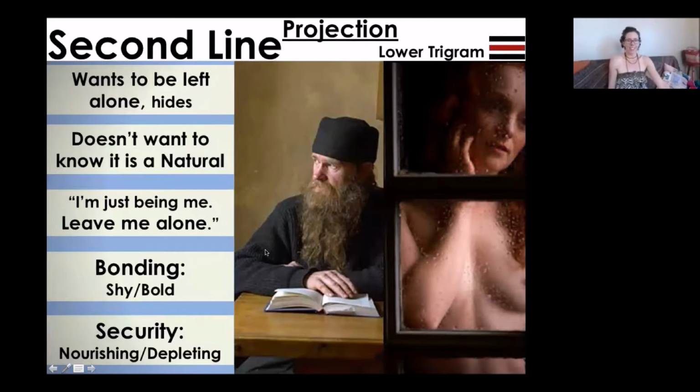Okay, so the second line, line 2, this profile is called the Hermit. It's also the natural. These people are considered geniuses.